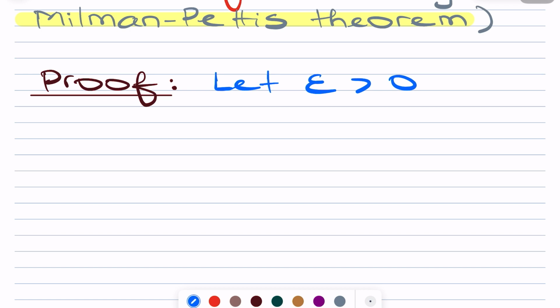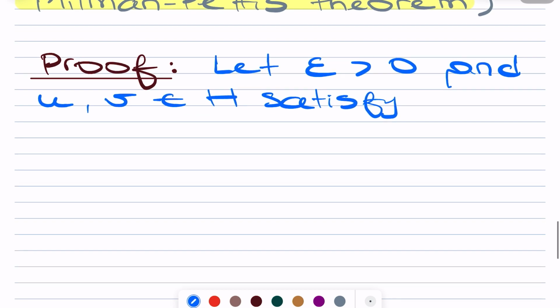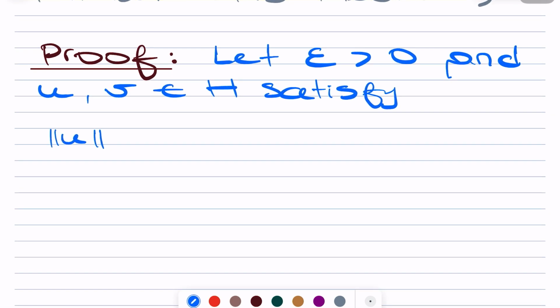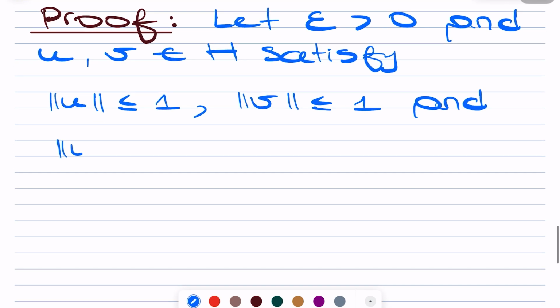So let epsilon be positive and u and v in H satisfy: the norm of u, which is the norm arising from the scalar product because H is a Hilbert space, is less or equal than 1 and the norm of v is less or equal than 1. So u and v are in the closed unit ball, and the norm of u minus v is greater than or equal to epsilon.